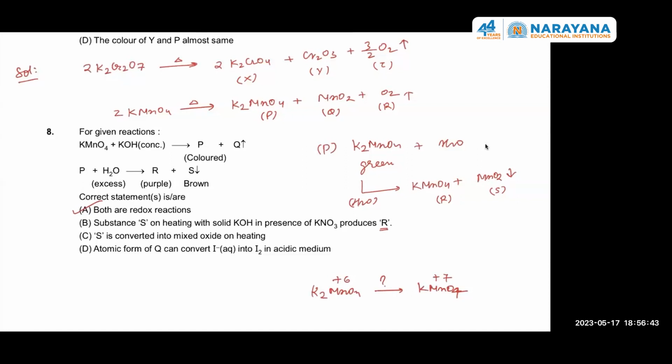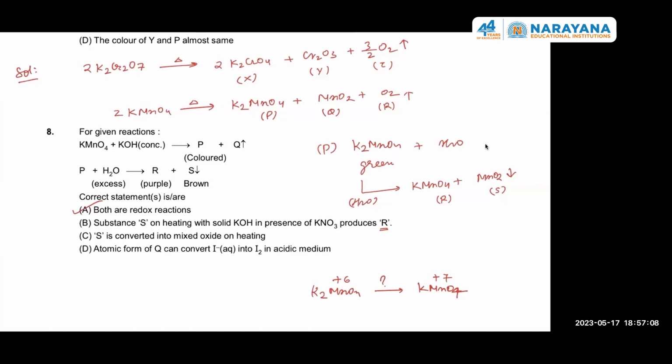Yes, chlorine, ozone we can have. Electrolytic oxidation we can do here in presence of air. But KNO3 will not produce it. KNO3 is not capable enough to oxidize this compound into KMnO4. So B is not the correct answer.